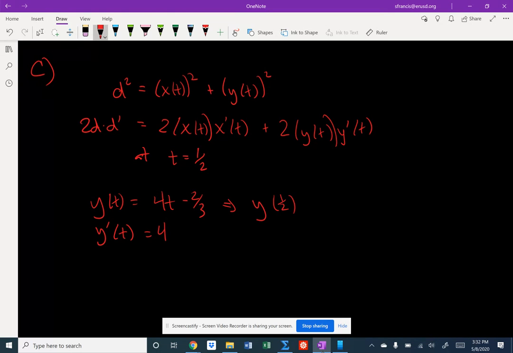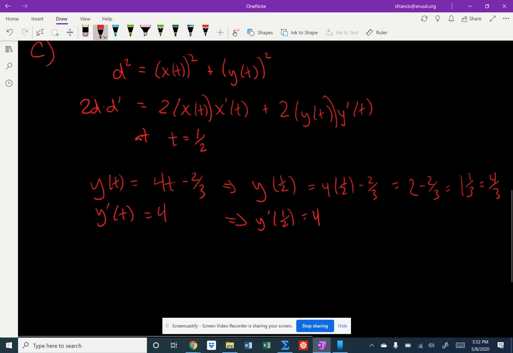Y of 1/2 is going to be 4 times 1/2 minus 2/3, which is 2 minus 2/3, or 1 1/3, or 4/3 if you prefer the improper fraction. And y prime of 1/2 is still 4. You don't really need to rewrite that, but that's fine.